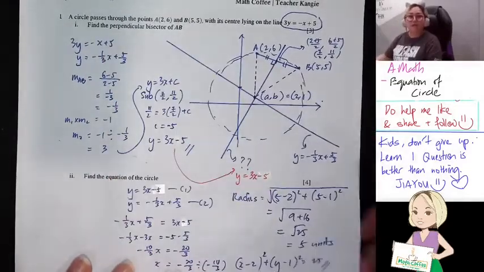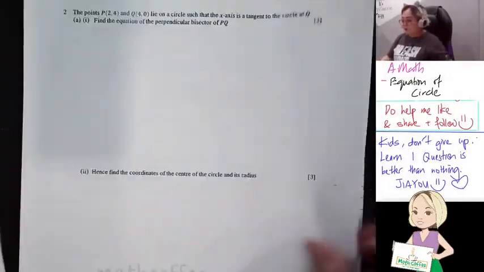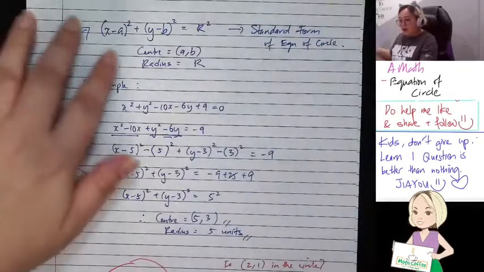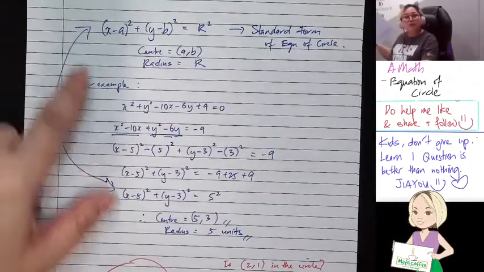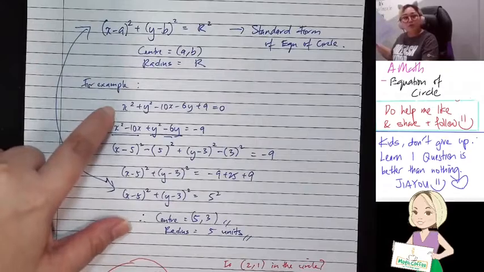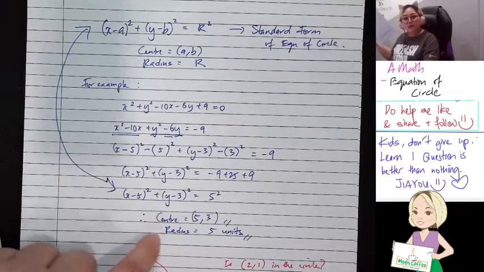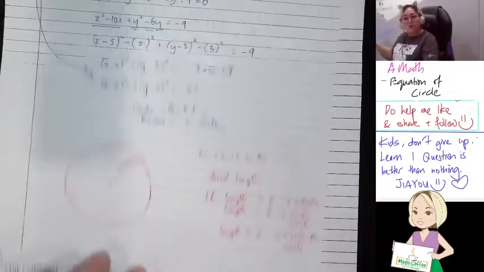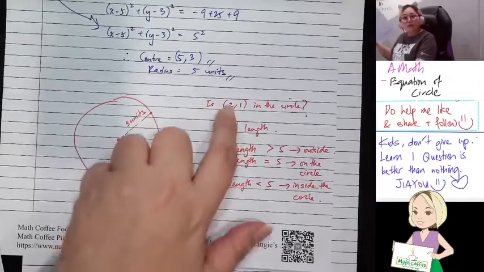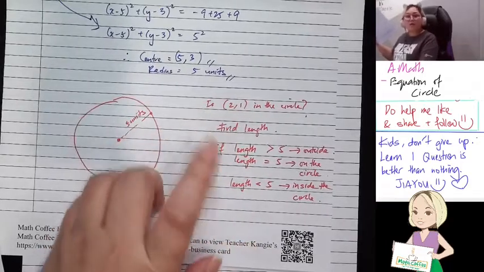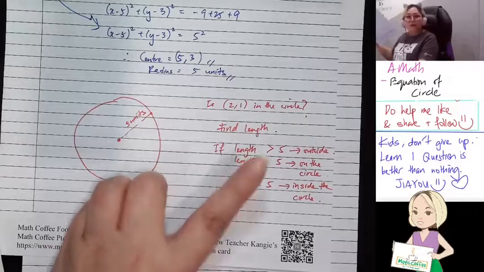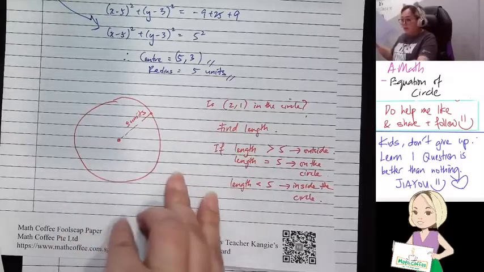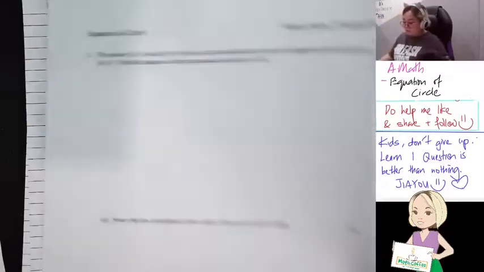I have also told you about the equation of a circle in the standard form, and how, given the equation of a circle, you find the center and the radius. I've also mentioned how to find out whether a point is inside the circle, outside the circle, or on the circle. It's just finding the length and comparing it with the length of the radius. So that's for question 1.